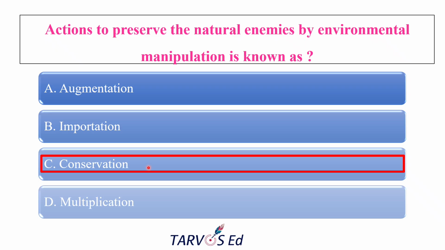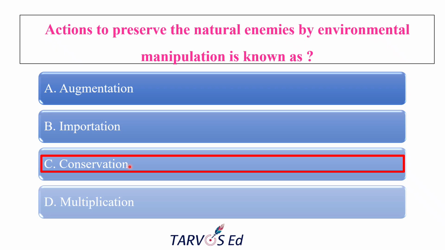What is meant by conservation? Conservation means the modification of the environment or the existing practices to protect or enhance specific natural enemies, to reduce the effect of the pest. So that is called conservation. We are just going to create a different environment by modifying something. For example, conservation practices include reducing pesticide use. That is also one of the important conservation measures we can tell.